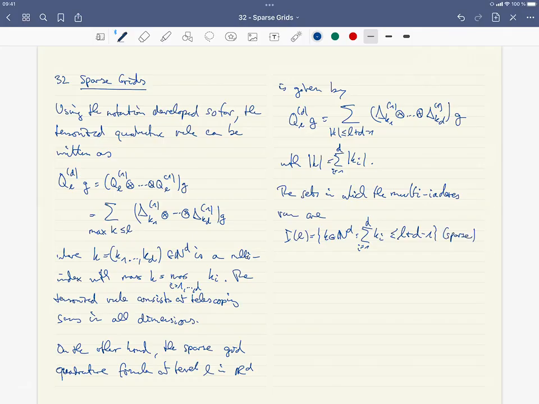That's the sparse case. And I_L for the tensorized case is K in N to the D such that the maximum of K_i, for i from 1 to D, is less than or equal to L.